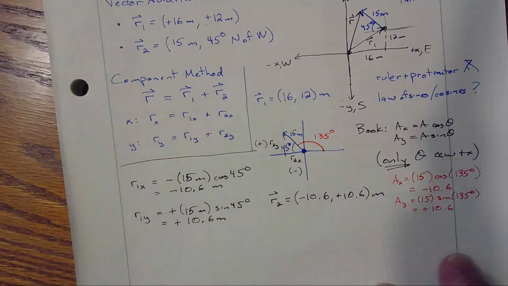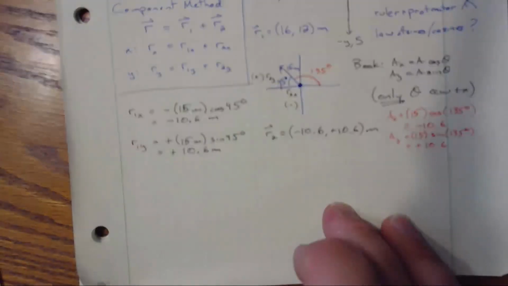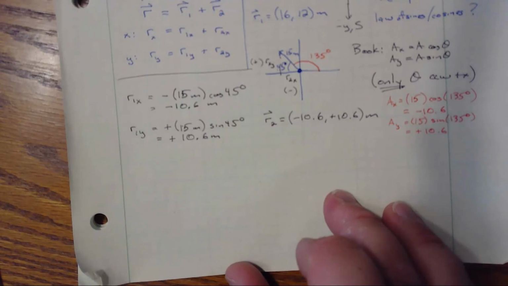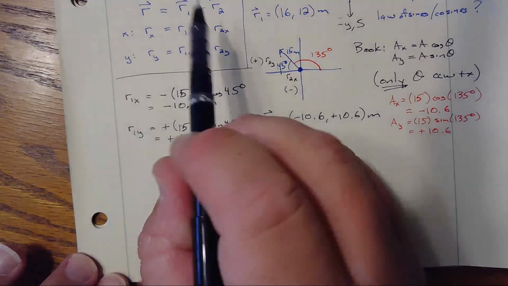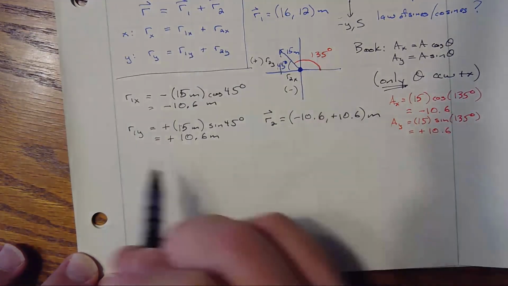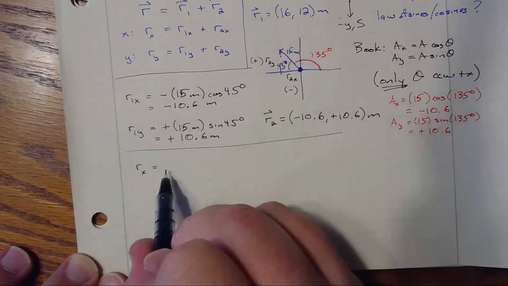So then, pardon me as I move things around, if we want to determine the components of our final vector, then coming back to what we wrote up here, I'm just going to add the components together. My rx will be r1x, which is 16.